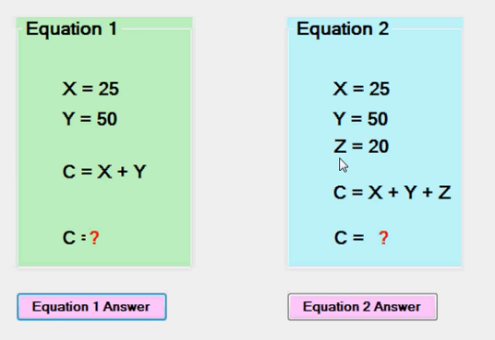So the x, y, c become the global variables, while z becomes the local variable. Since you have two different equations, you have to write two different procedures to calculate equation 1's answer and equation 2's answer. But all these equation 1 and equation 2 procedures come under one class.